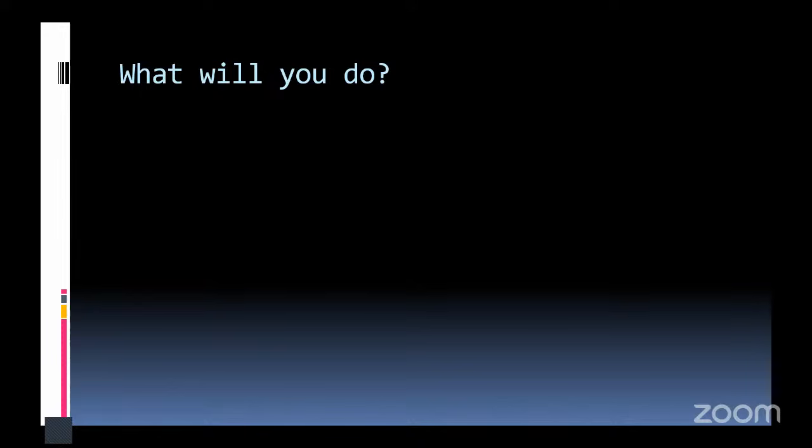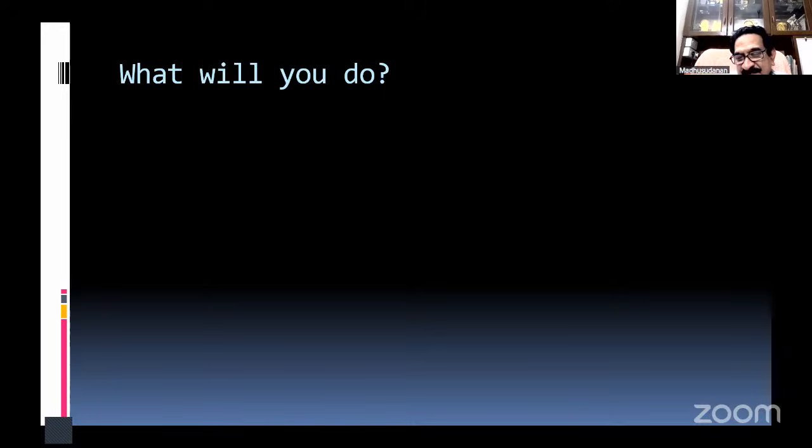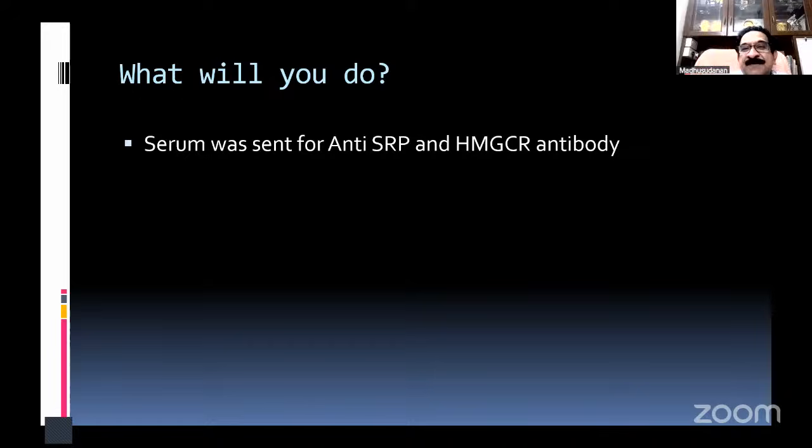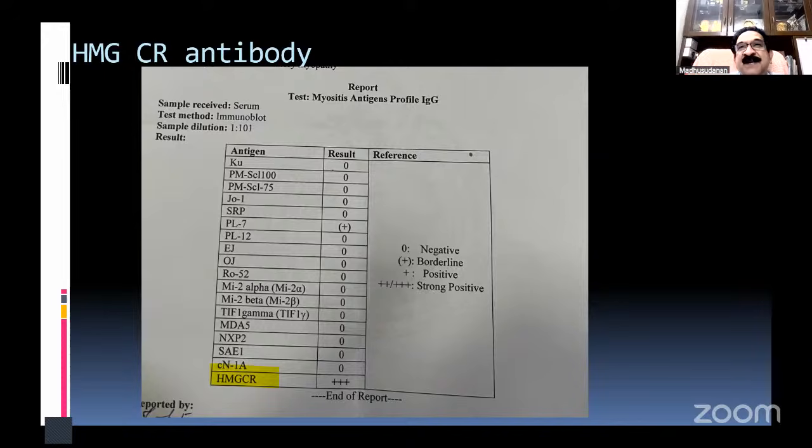IVIG and other immunosuppressants. Okay, that can be given. As Dr. Bitsu was telling, this is the thing you send for, because even after stopping the statin, the CPK improves but weakness persists. So serum was sent for anti-SRP and HMG-CR antibody, and HMG-CR antibody is markedly positive.